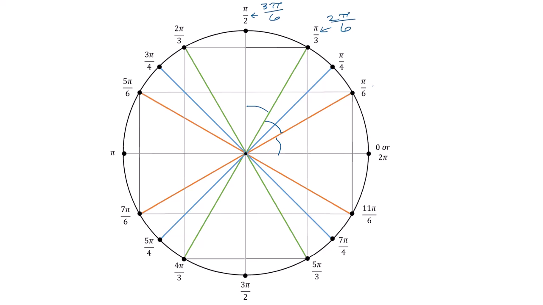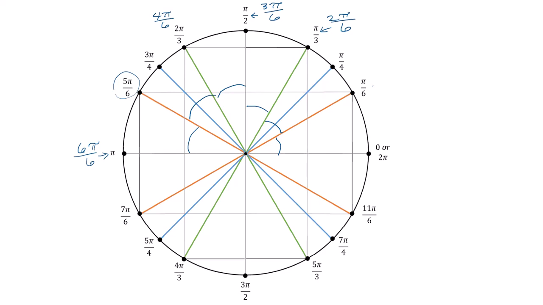Then I have another pi over 6. That's going to be 4 pi over 6, which is my 2 pi over 3. Another pi over 6 is going to get me to 5 pi over 6. And yet another is going to get me to 6 pi over 6, which simplifies to be pi.